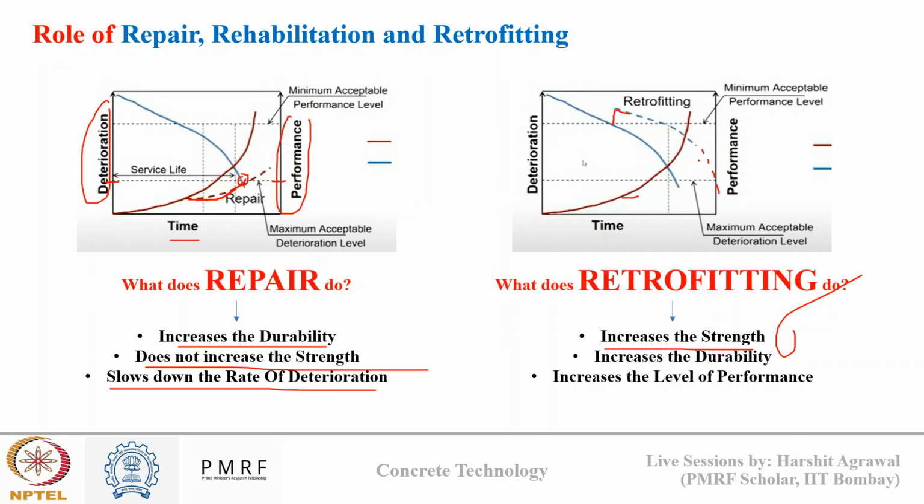Okay, so it increases the level of performance of concrete. As you can see here, instead of slowing down the rate of deterioration, we have increased the performance of concrete and delayed the end of service life. Okay, so this is about retrofitting and repair.